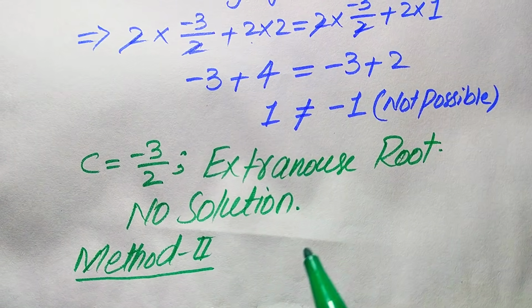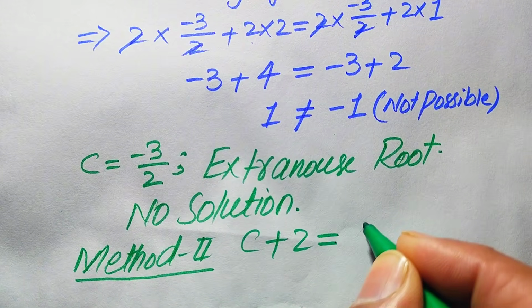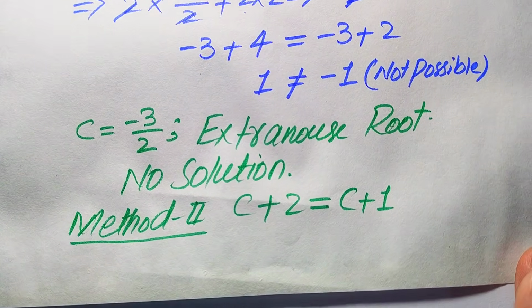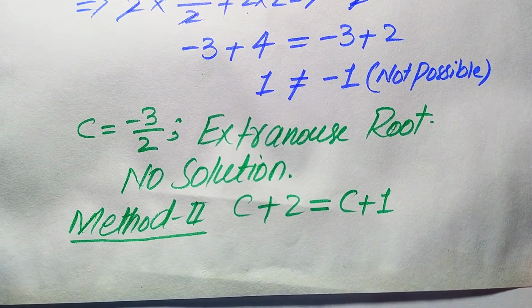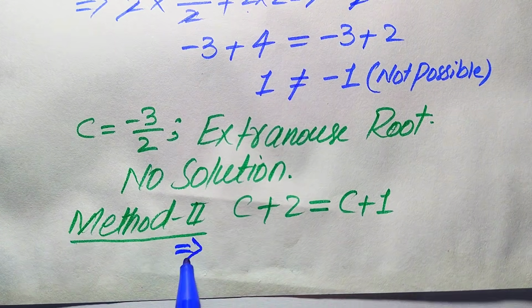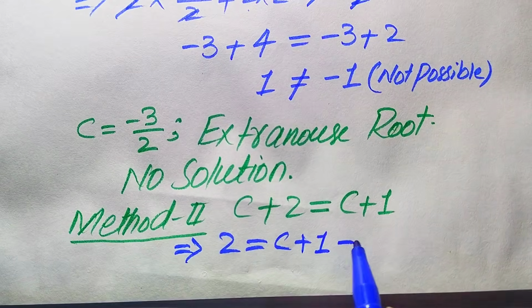For the second method we copy down the given question statement: c plus 2 equals c plus 1. Here in the second method we use the direct method to determine the solution set of this problem. For this we move the c to the right-hand side, and it becomes 2 equals c plus 1 minus c.